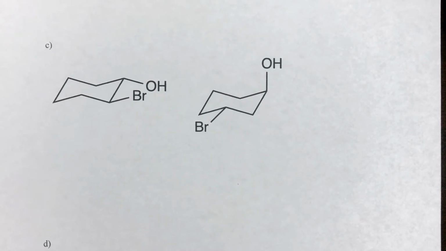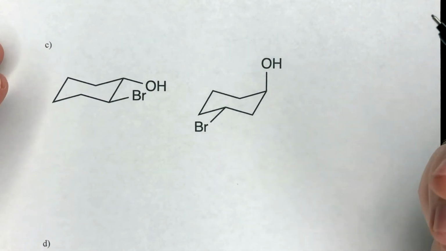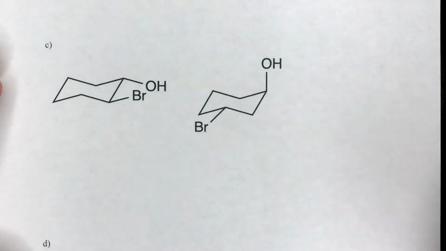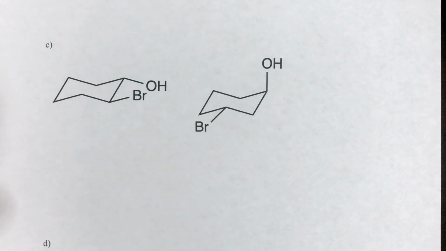So here we have cyclohexanes that we are comparing in their chair structure. Again, we are just asked to comment on their stereoisomeric relationships. In other words, are they enantiomers, diastereomers, or something else? To do this, you want to determine how many chiral centers you have, and then what's the absolute configuration at those.